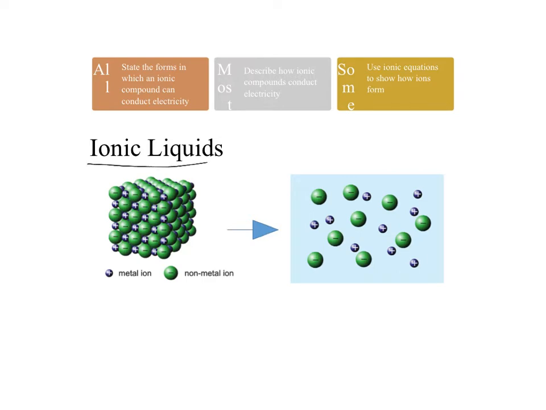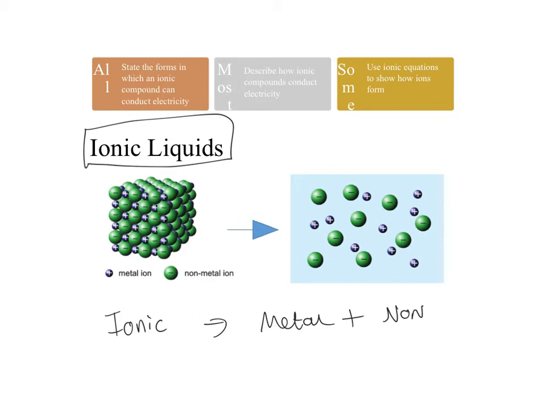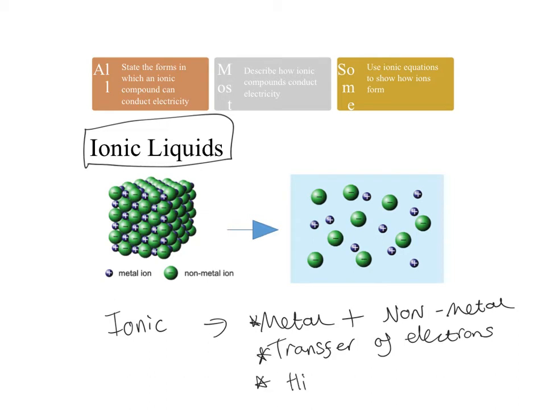So, this is what we're going to look at today, okay? Electrolysis happens in ionic liquids, okay? So think about ionic bonding. Ionic bonding is a metal and a non-metal. It's the transfer of electrons. But they have very high melting and boiling points.